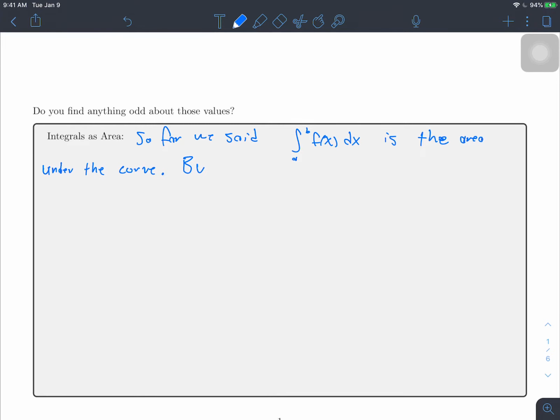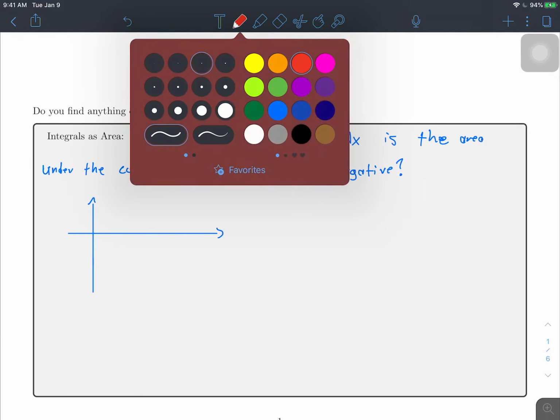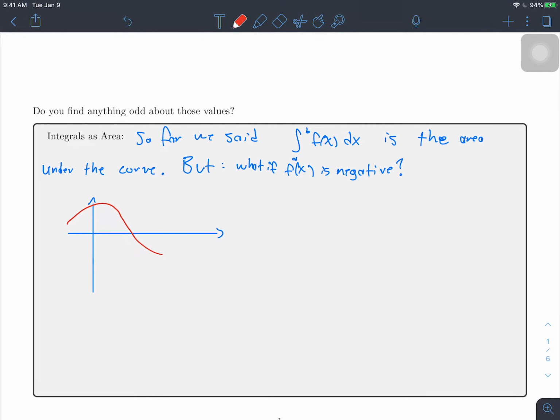But what if f of x is negative? So let's have a picture. Why don't I draw that a little bit higher? So here's our coordinate axis, and I'm going to draw a function here, f of x. I'm going to call this point A and this point B.